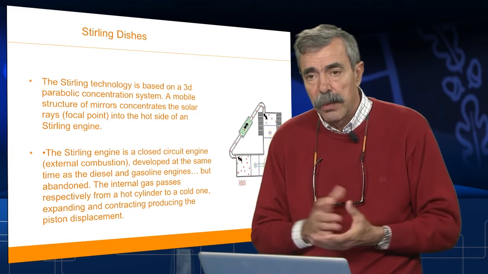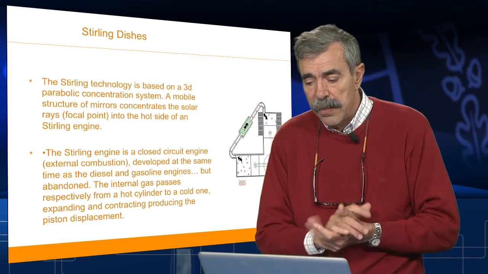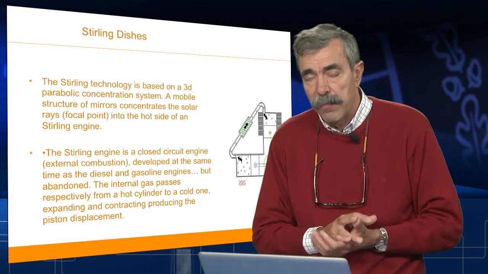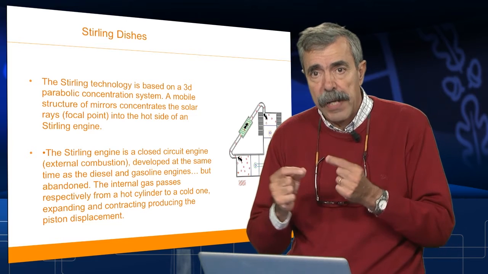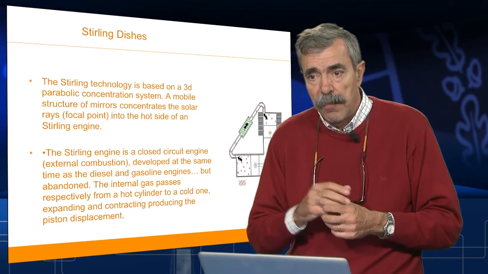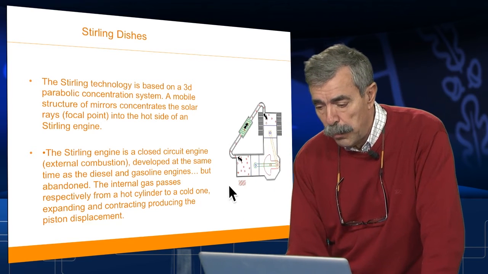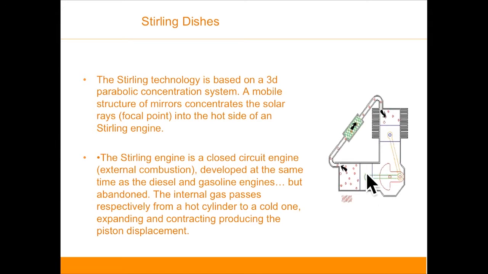So it's an externally heated device, and it's the gas, internally allocated in different parts of the motor, that forces the flywheel to rotate. And really it is composed of two pistons, two cylinders. One of them is the one which is heated. Obviously in the case of CSP applications, this is the hot spot where the light is concentrated.